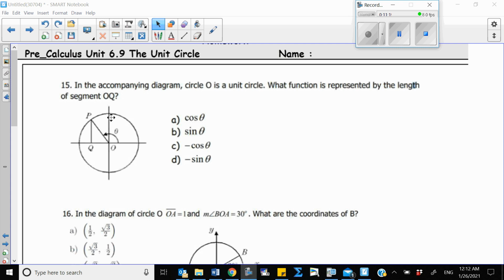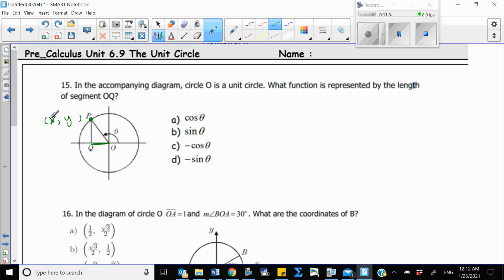For this question, it's asking us what function is represented by the length of segment OQ. So OQ is here. If you consider this point, we know that this point has coordinates x and y. And x is the horizontal distance between this point and the origin. So this is x. And y is the vertical distance.